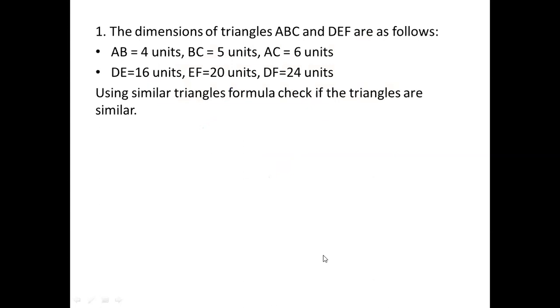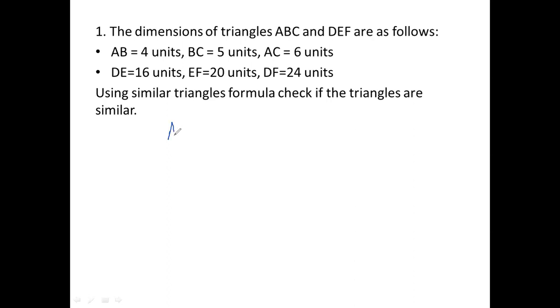So now we will have one exercise. The dimensions of the triangles ABC and DEF are given. These are the lengths of the sides: AB is 4 units, BC is 5, AC is 6, and we should use the ratio formula to check if the triangles are similar. So we need to know which side corresponds to the other one. AB corresponds to DE.